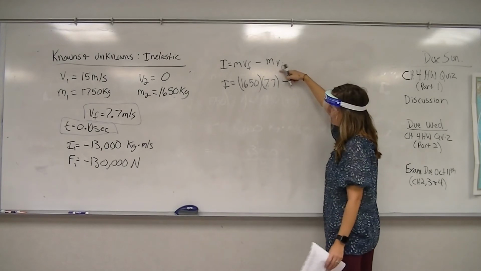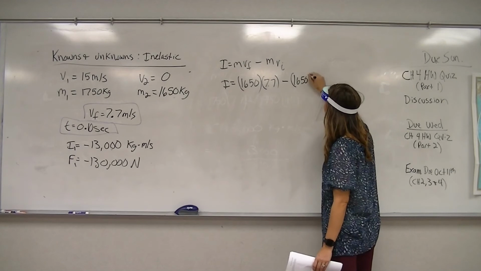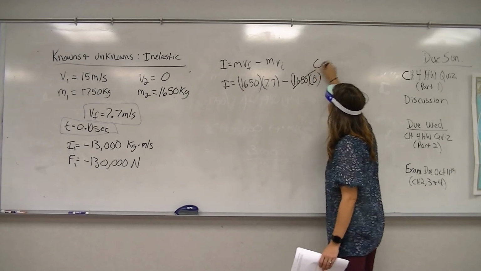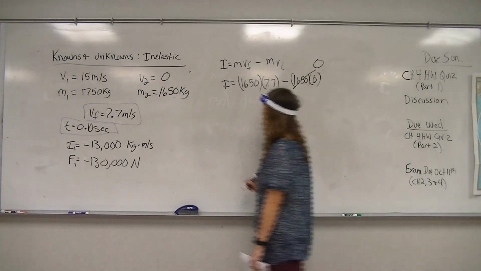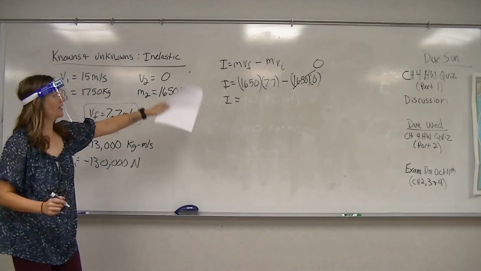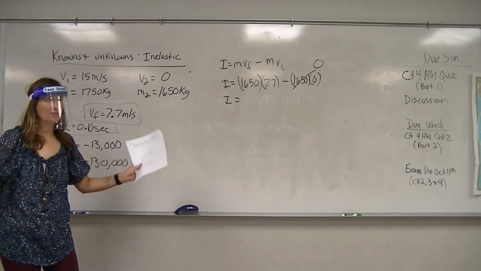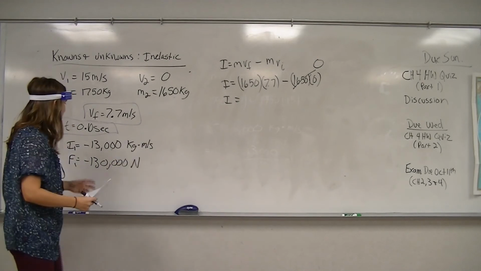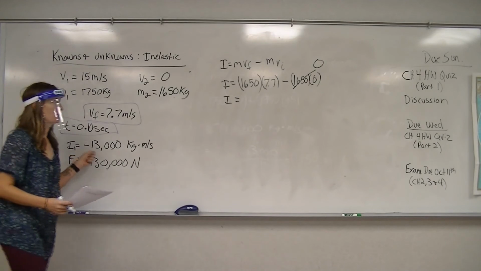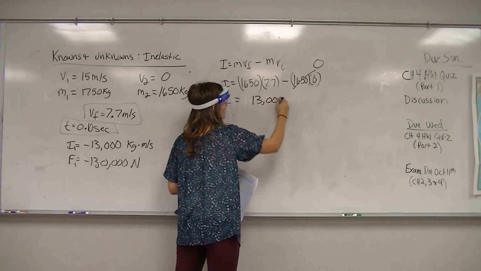The second part, well, this car was initially stopped, so its initial momentum was 0. So if you multiply 1650 times 7.7, what you're going to get is positive 12,000 something. But when you do 2 sig figs, like you're supposed to, it should round up to positive 13,000.